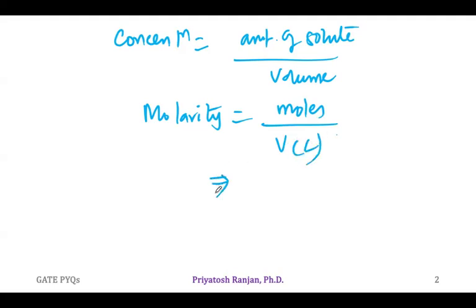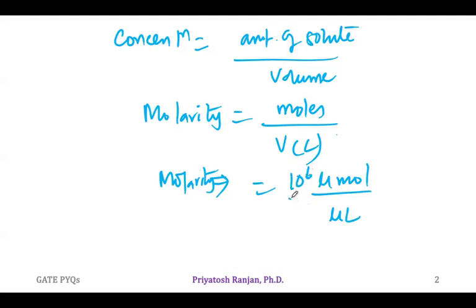I can also rewrite molarity as micromole per microliter. Remember, 1 mole is equal to 10 raised to power 6 micromole, and 1 liter is equal to 10 raised to power 6 microliter. So this will give me the micromole per microliter.